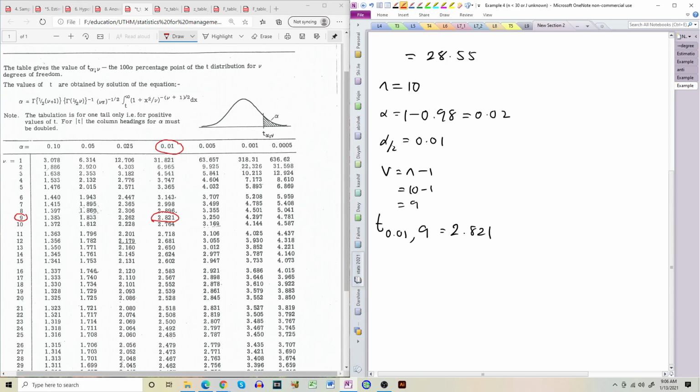For your information, this alpha over 2 is here. If you want to compare with the formula, this one I write it here, and the value from the table, 2.81, I write it here. So now replace inside the formula.